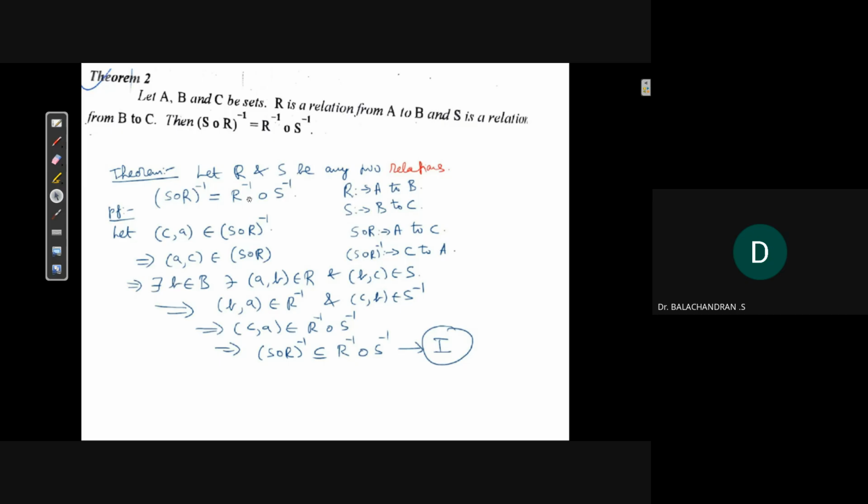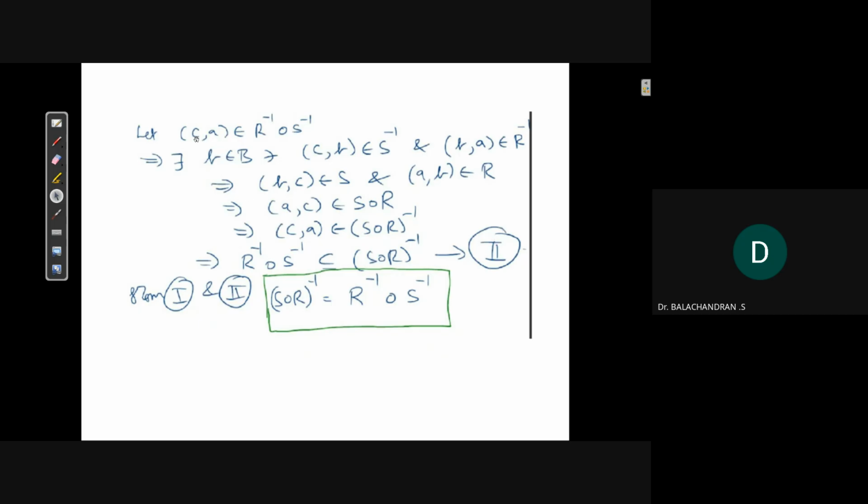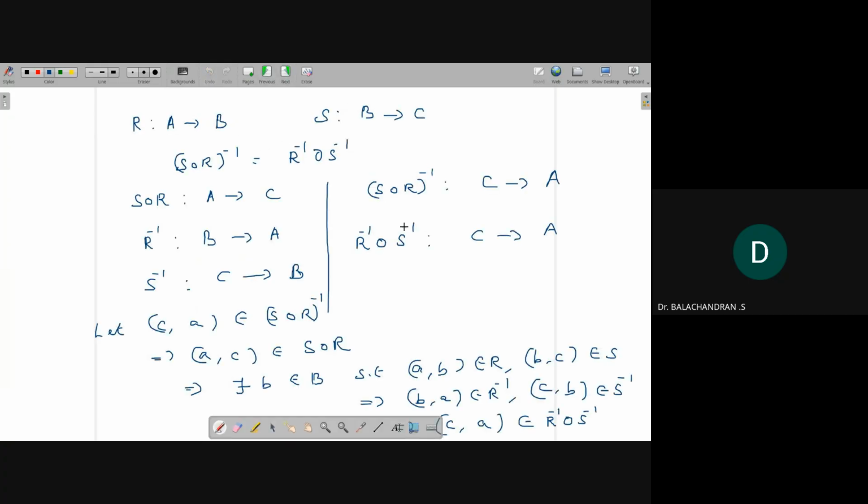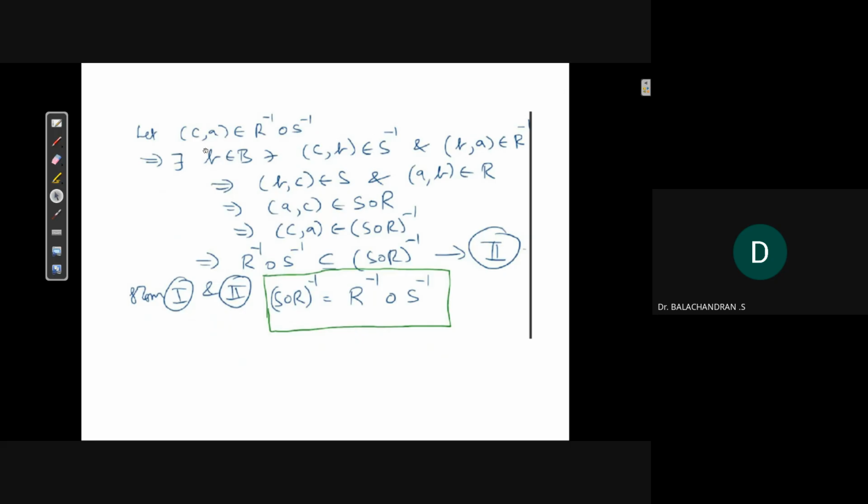Next, the other way, I should take an element from the right hand side. So again, I'll take an element (C, A). I already told that R inverse composition S inverse is also a function from C to A, so we can take any element of the form (C, A). So I'll take an element (C, A) belonging to R inverse composition S inverse.